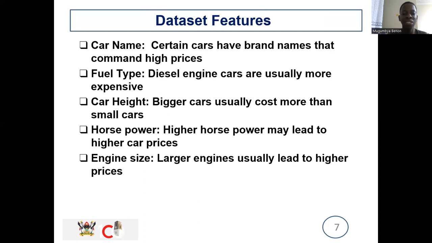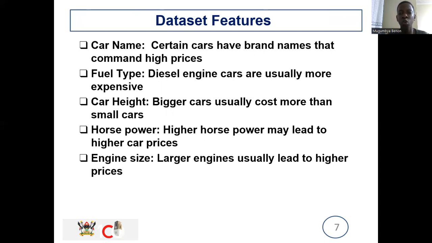Then the engine size. Of course, a large engine size would usually dictate higher prices, because the car has a higher horsepower because of the engine size.